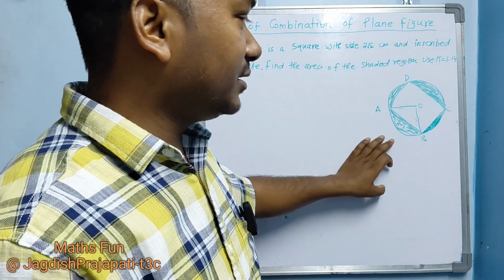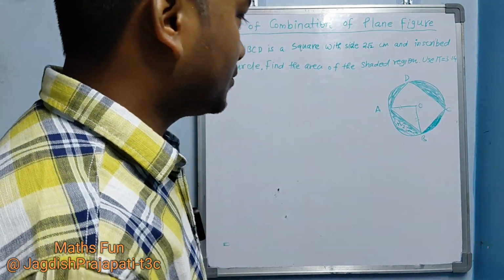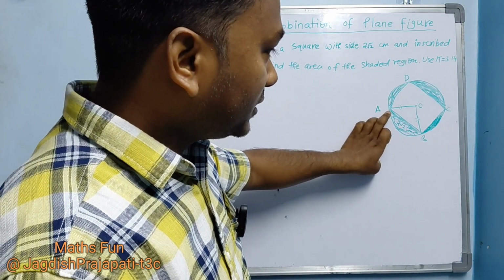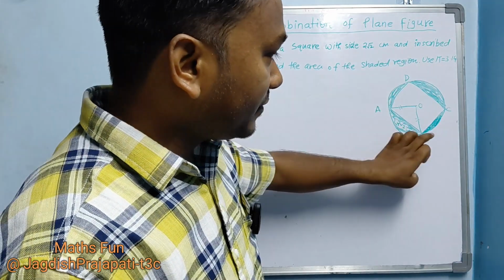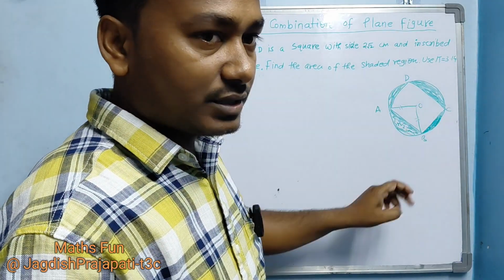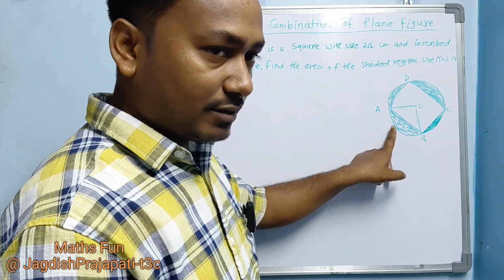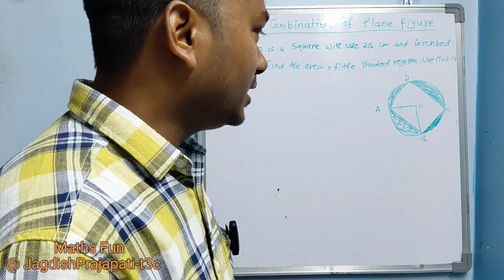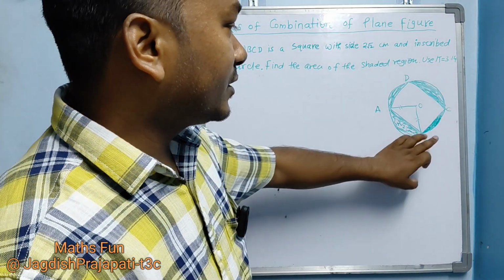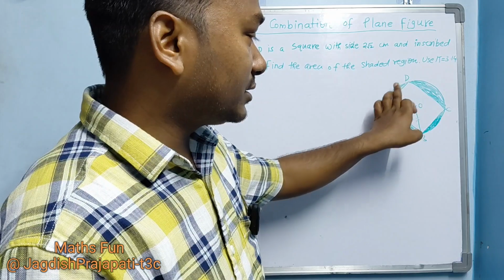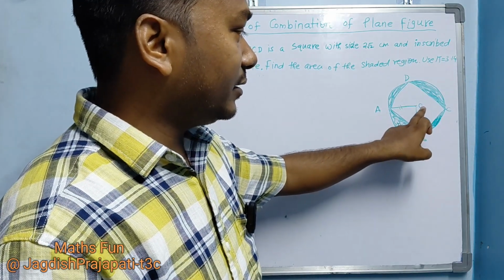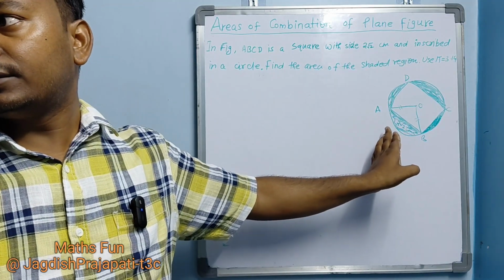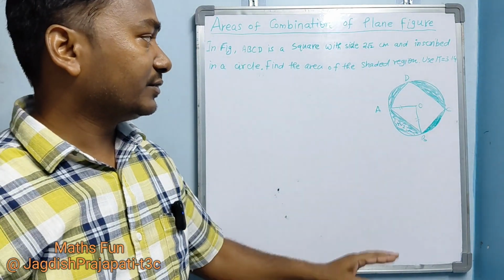This question can be done in two ways. The first is to find the area of one segment. Since this is a square, every segment will be the same. There are 4 segments, so find the area of one segment and multiply by 4, and you will get the area of the shaded region. The other way is to find the area of the circle and the area of the square and subtract.